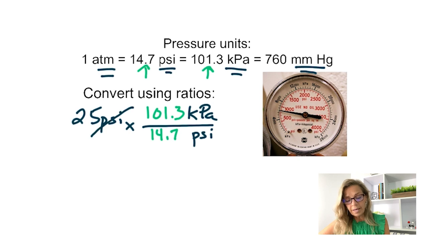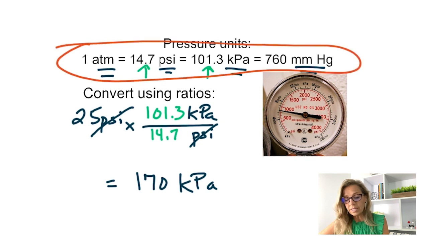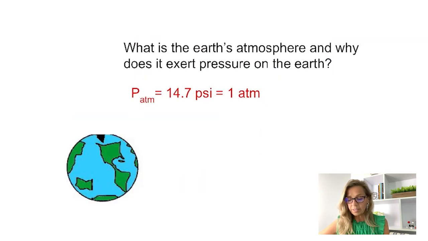Well, when you multiply, the psi cancels and we're left with kilopascals, and that would be 170. So that's how you convert among pressure units. So you need to know this relationship. And there's some more. You might see a table in your book, or you can look those up.